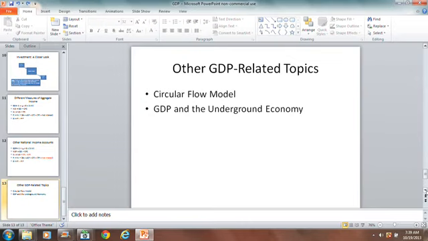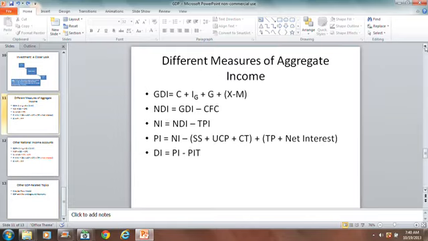But really, I think a good way to get a sense of the circular flow model is to be aware of the different measures of income, because once we calculate disposable income, for example, as I had in the earlier slide, this disposable income is used for two purposes: consumption expenditures and savings.